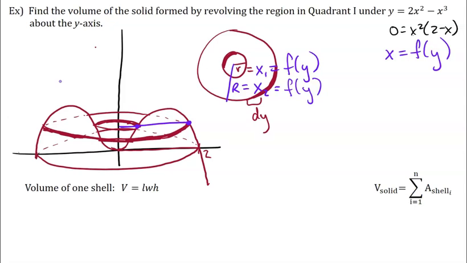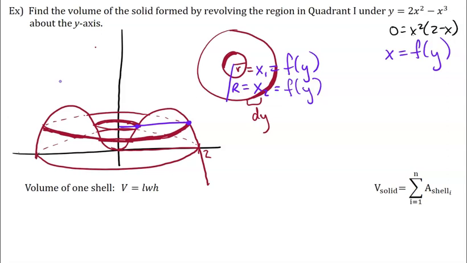Our first problem is we don't have an algebraic method for solving for x in terms of y. Even though I'm calling it f of y, I can't actually determine what f of y is. It's not that we haven't learned it, it's that there isn't one. That makes sense because this is not a one-to-one function, so the inverse is not a function.